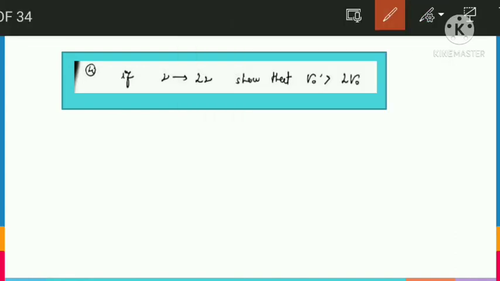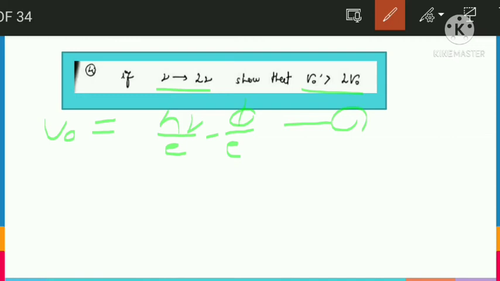Yes friends, the second concept is that if frequency is doubled, then we have to show that stopping potential will be greater than 2 times the initial. So friends, let me write one equation. We know that V naught equals h nu by e minus phi by e. This thing is clear. Let's make it the first equation. Now let's say that V naught dash, the second stopping potential when nu is doubled, we can write h times 2 nu upon e minus phi by e.